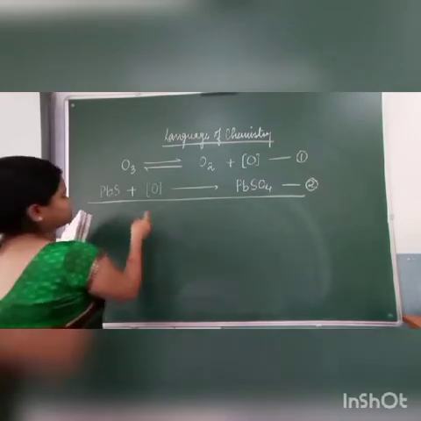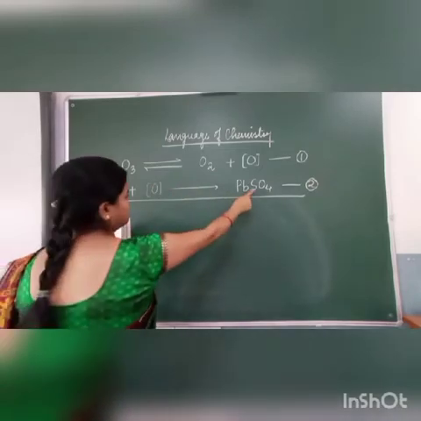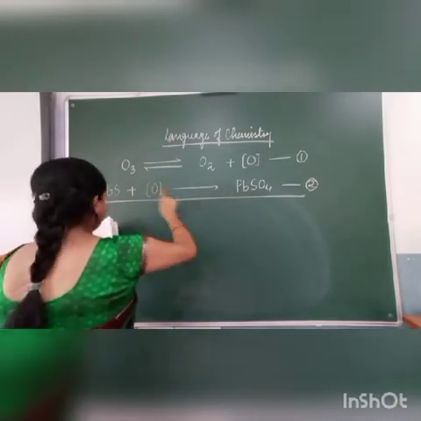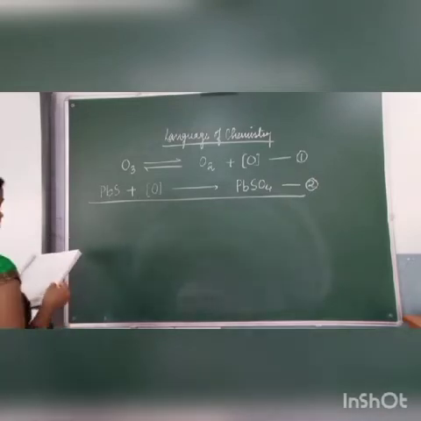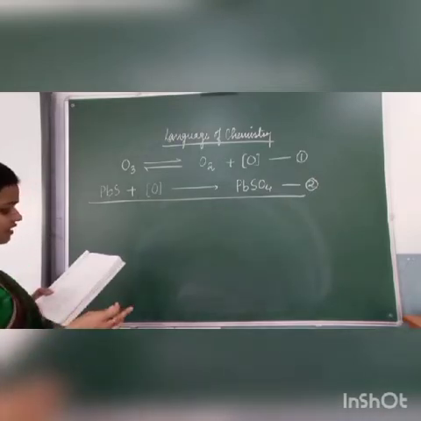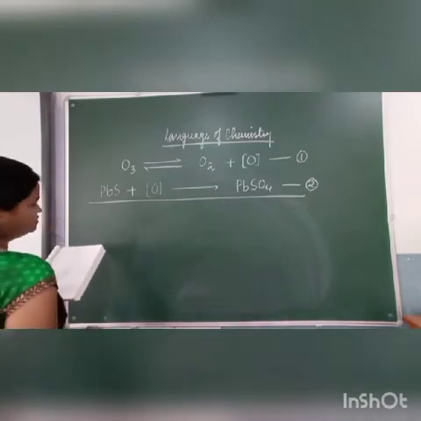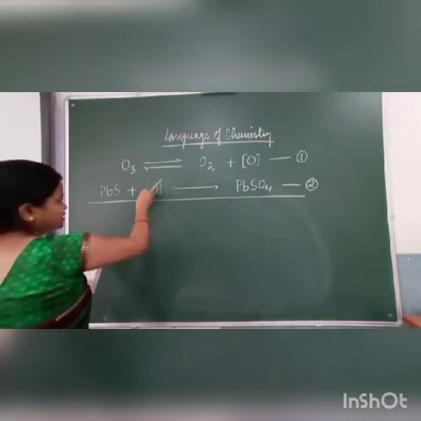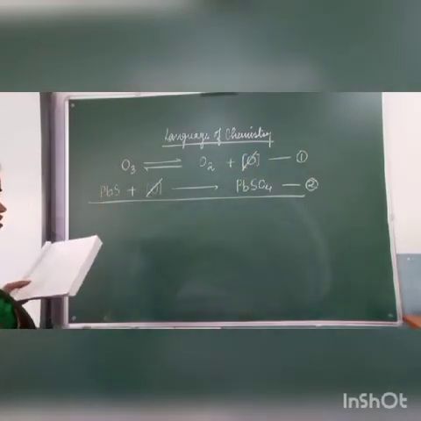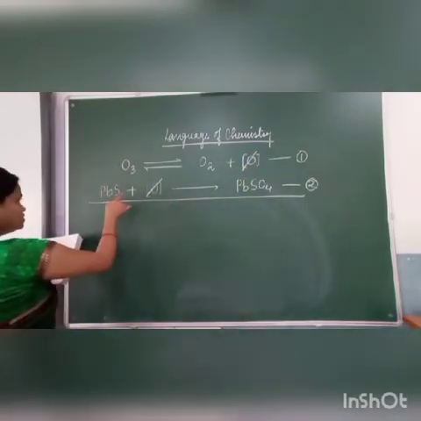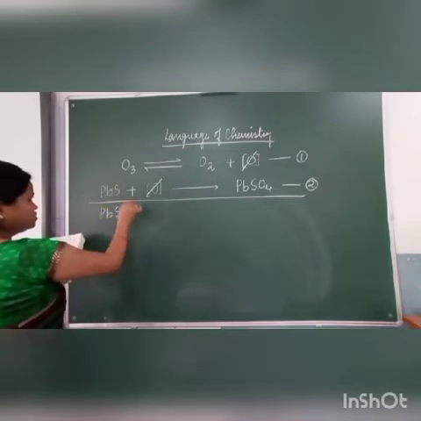Now let us see whether it is balanced or not. 3 oxygen, 1 lead, 1 sulfur. Oxygen here is given only 1. So we can proceed to see how it can be done. You see, the nascent oxygen can be cut down from here. Whatever is left, we copy down: PbS plus O3.